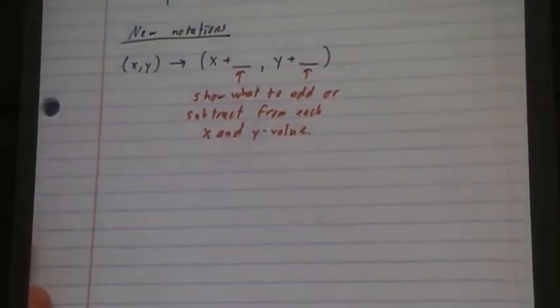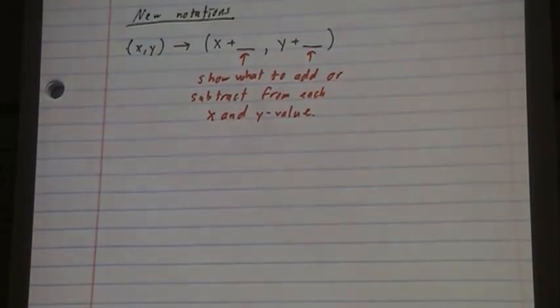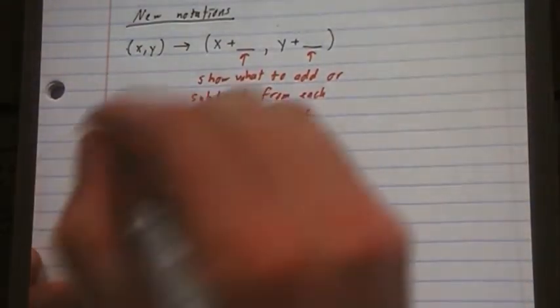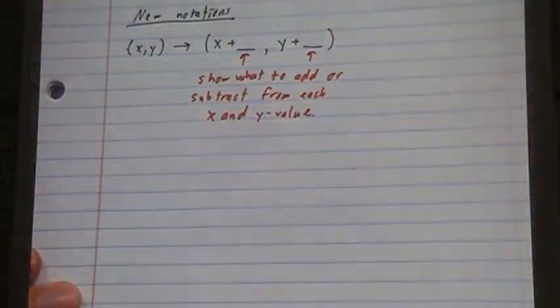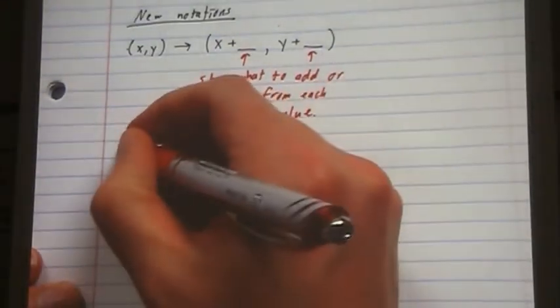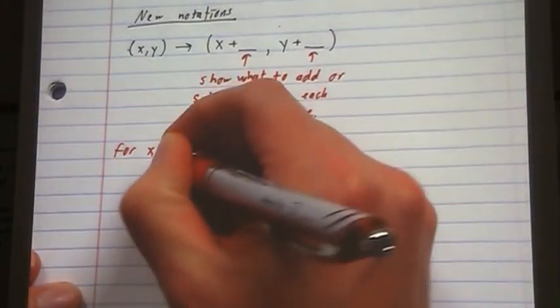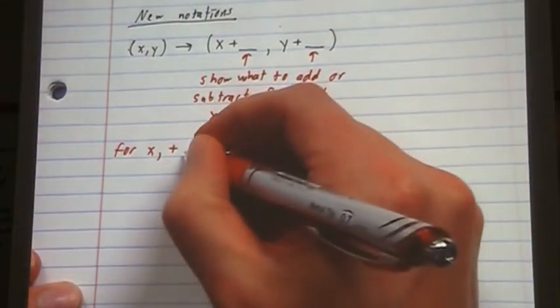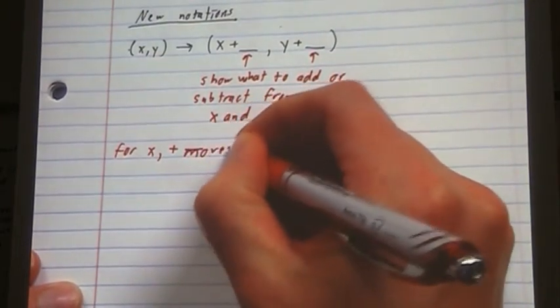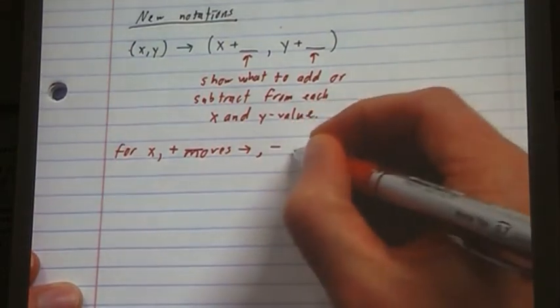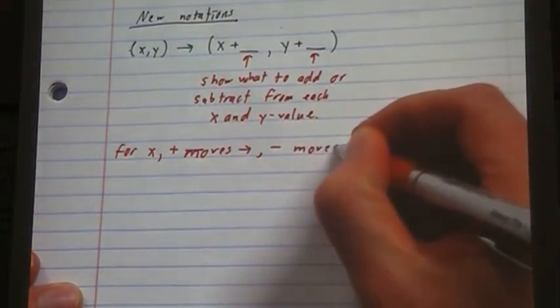Now remember, just like coordinates, your x is going to move you left and right, y is going to move you up and down. And for x, a positive moves you to the right, and a minus or a negative moves you left.